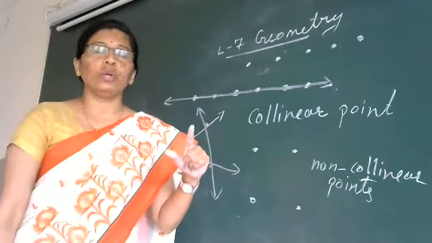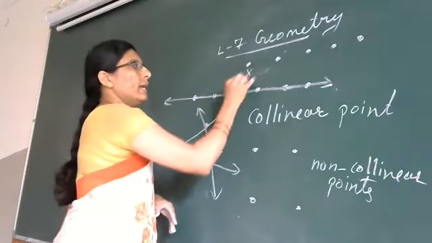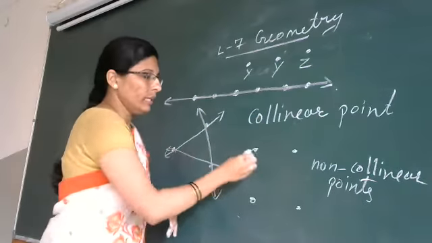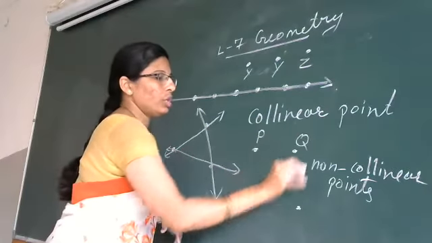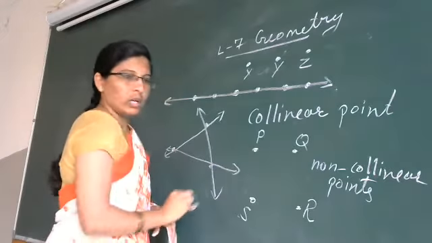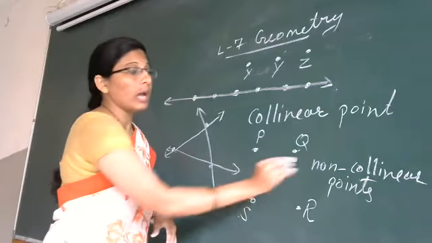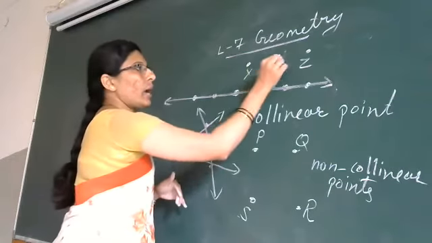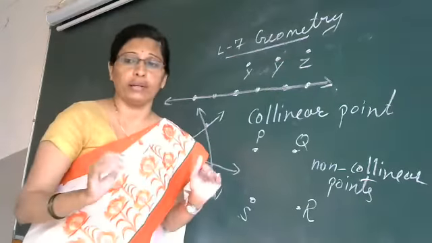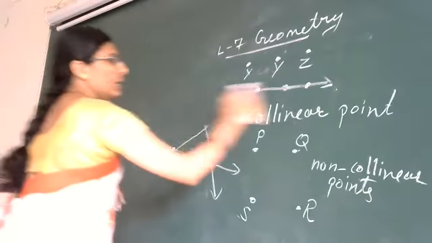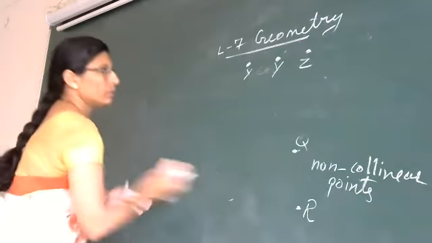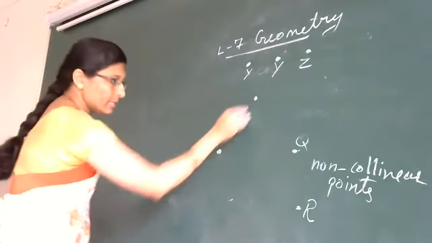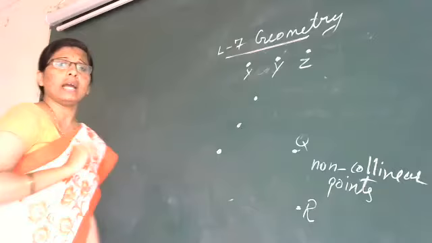Collinear and non-collinear, you can name the points. Point X, point Y, point Z, if 3 points are there. Or these points, point P, point Q, point R, point S. So P, Q, R, S, these are non-collinear points. They are not in a straight line. X, Y, Z are collinear points. Collinear can be like this also, slanting, but it is in a straight line.